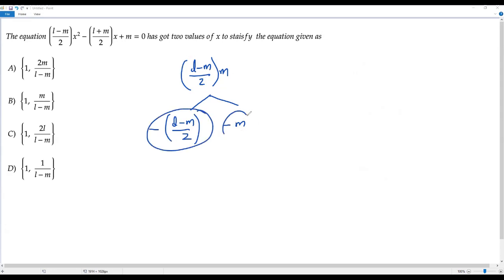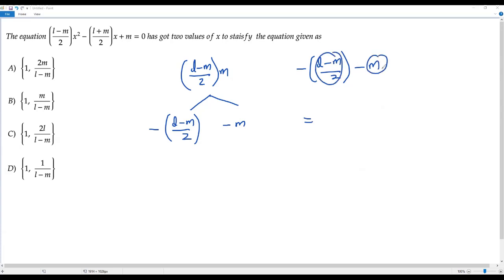Now let's add these two factors: negative of (L − m)/2, negative m. We have a fraction, and we assume m as an integer. Whenever we do addition or subtraction between a fraction and an integer, we multiply the integer part by the denominator of the fraction, and then take 2 as a common denominator.